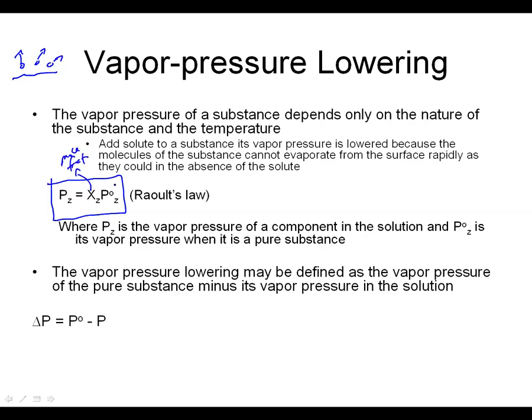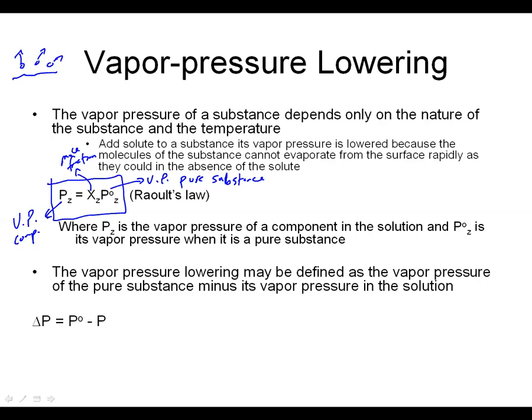This is the vapor pressure of the pure substance. And this is the vapor pressure of the component that's in the substance. And the vapor pressure lowering is defined as the vapor pressure of the pure substance minus the vapor pressure in the solution. And that's what the name implies.